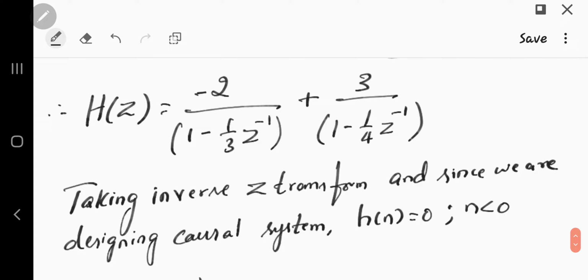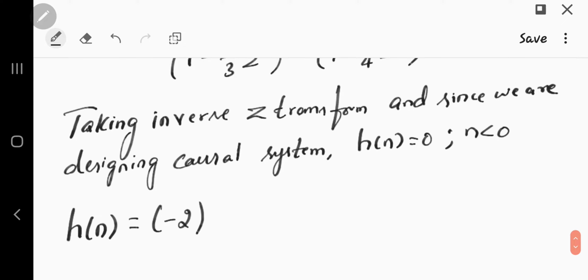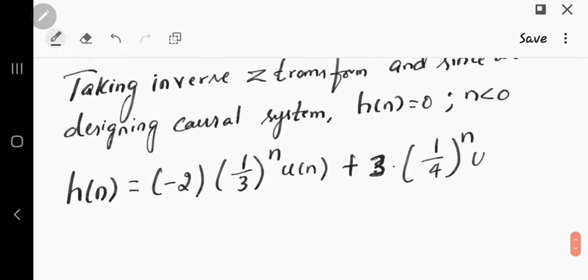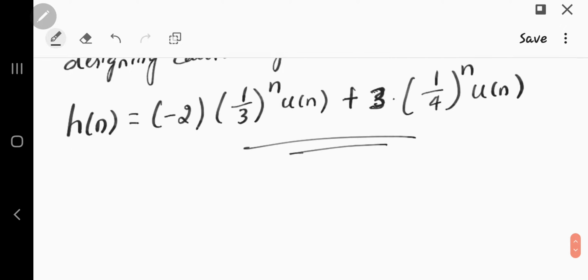Now this is in the form of alpha to the power n into u of n. In place of alpha we have 1 by 3. So 1 by 3 to the power of n into u of n plus 3 into 1 by 4 to the power of n into u of n. So this is the impulse response of the system.